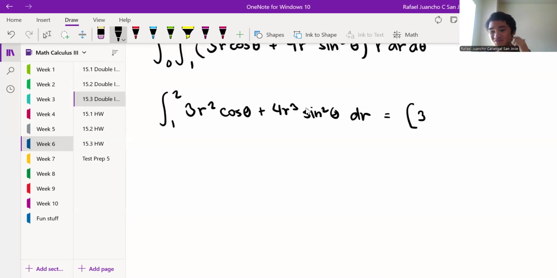This is r squared cosine theta. So 3 cosine theta is just there, right? R squared is r cubed over 3. So it's actually r cubed cosine theta. And then this is plus. And then this is r to the 4th over 4. So this is r fourth. And then sine squared.